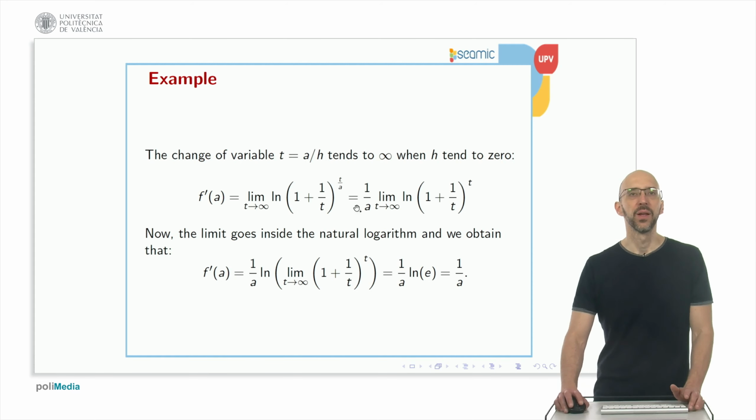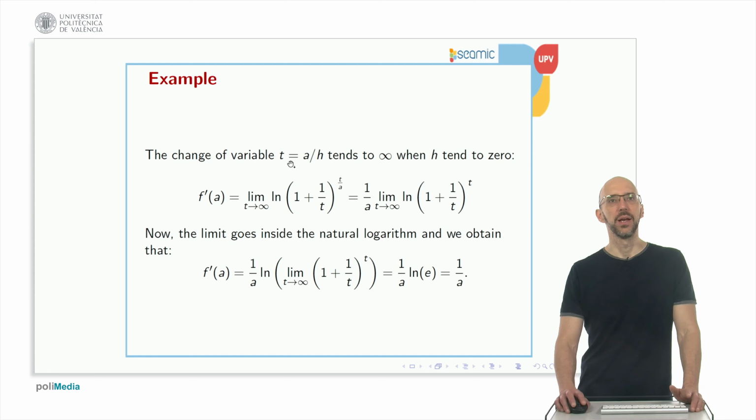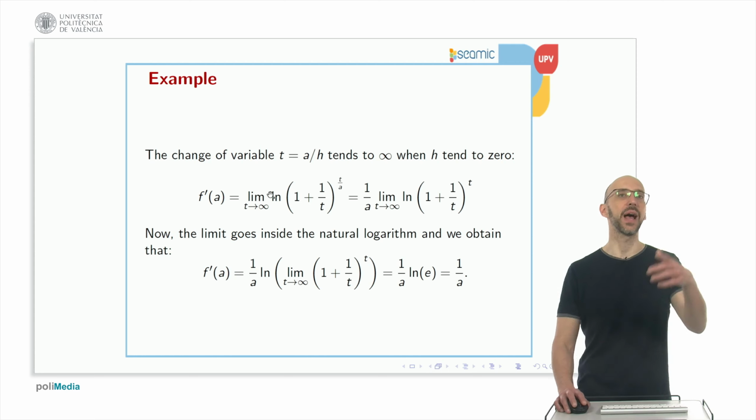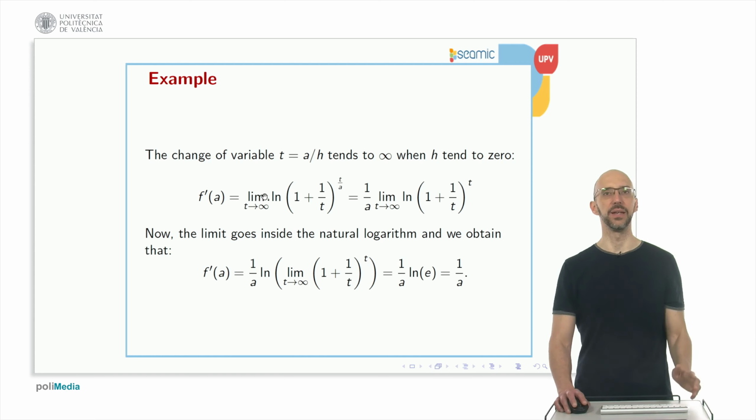Okay, next part. We apply a change of variables. t is going to be a divided by h. So the previous limit can be written like this. And now what I'm going to do is take the 1 over a that is in the exponent and move it down, but it's a constant, so it can be written outside of the limit.